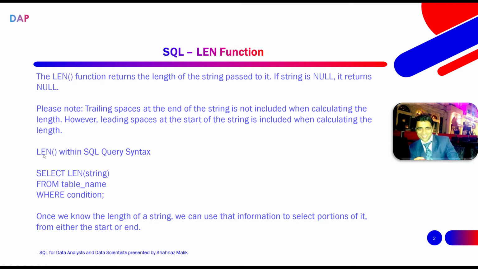And the LEN function within SQL queries, the syntax is as I'm showing you here. So basically, you pass the string, and the string can be within a column. You pass that column or string to LEN, and then give it to the SELECT statement.